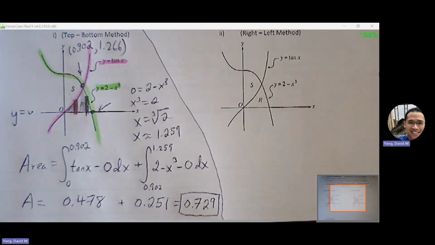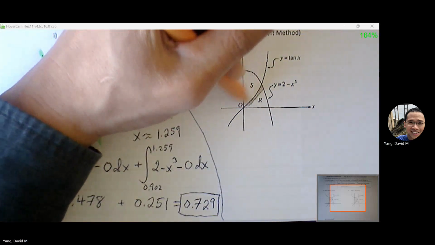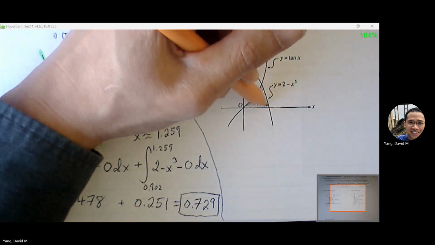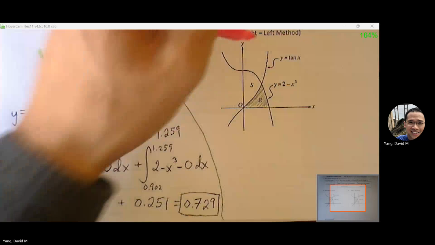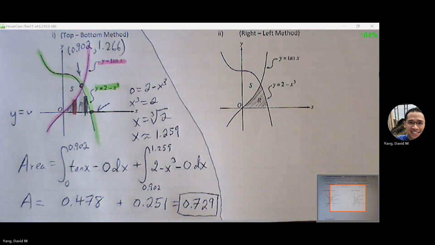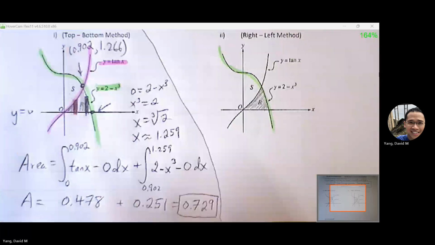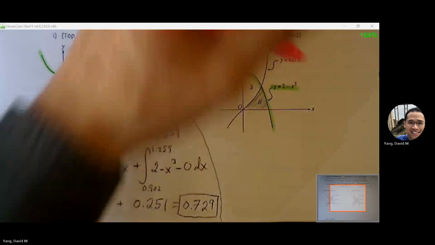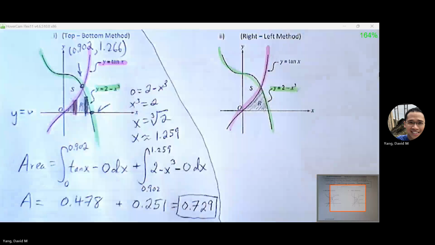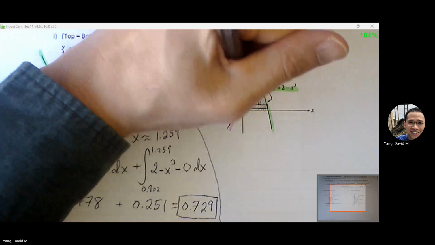All right, any questions? All right, last one here. Region R. We're going to do right minus left, so horizontal rectangle.